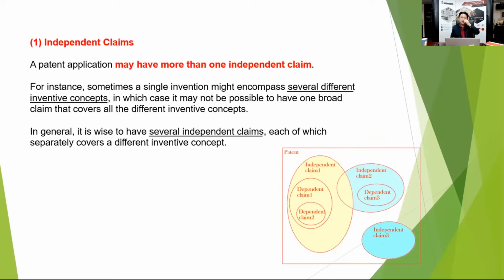An application may have more than one independent claim, but it always relates to the same inventive concept. If you have a different inventive concept, it is not possible to put everything in one patent application. You might consider splitting into maybe the next patent applications.